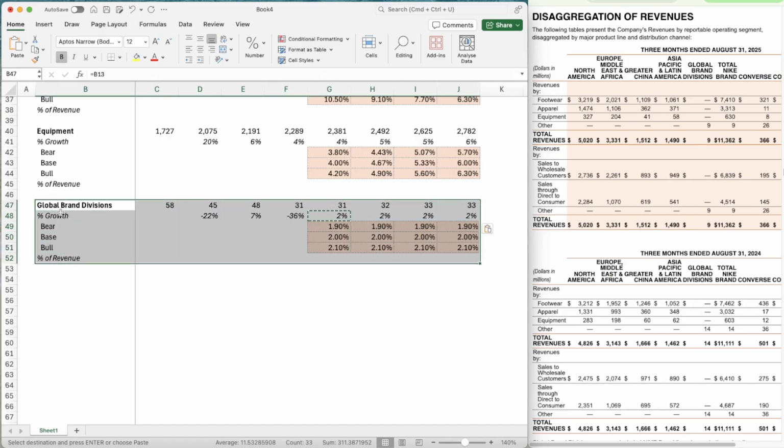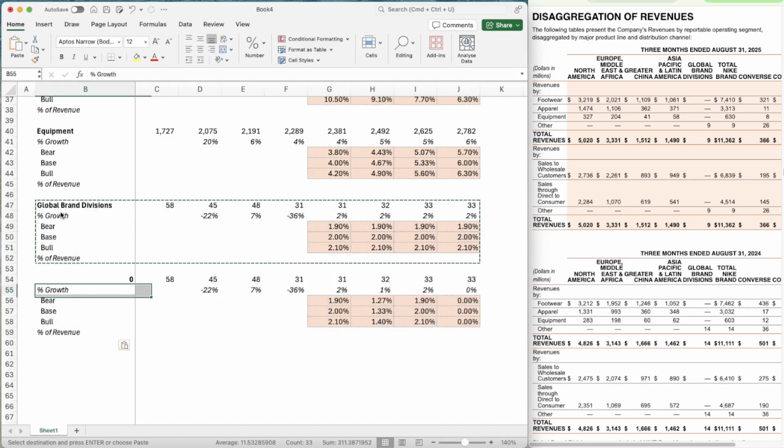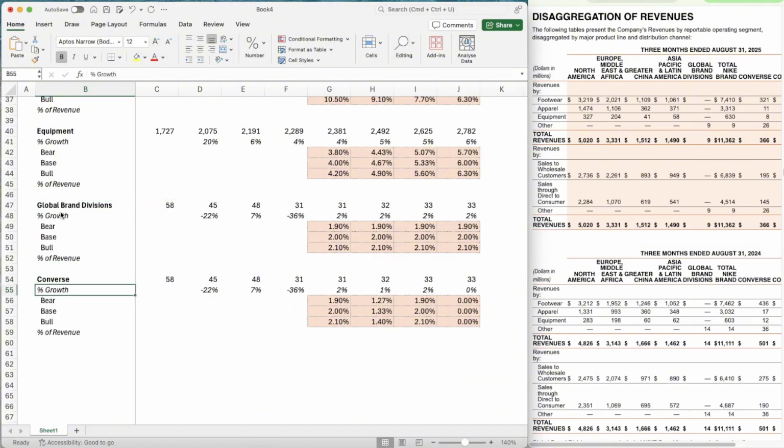The next one is, I think it's 14, Converse.